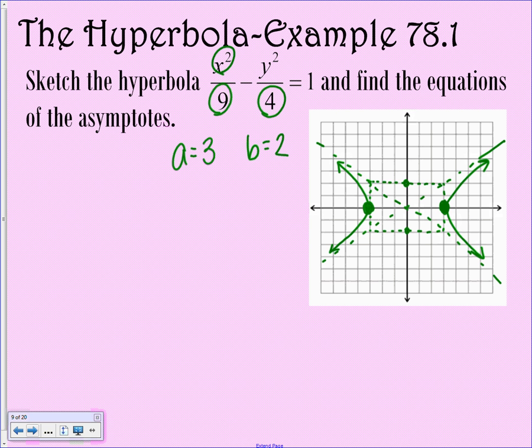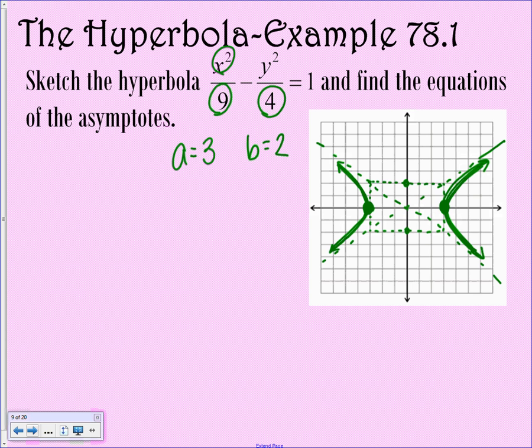But only the solid part here and this part here are actually the hyperbola. If you graphed it on the computer or on a calculator, that box and the asymptotes would not show up. But you need to leave them so that you can help me make sure that you did graph it correctly like I showed you to.